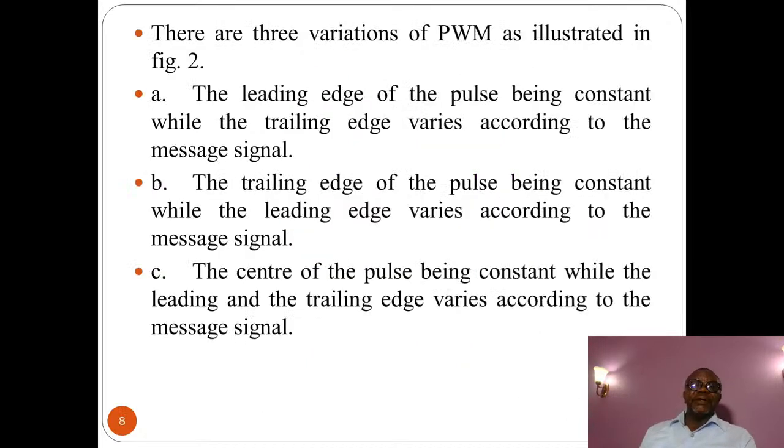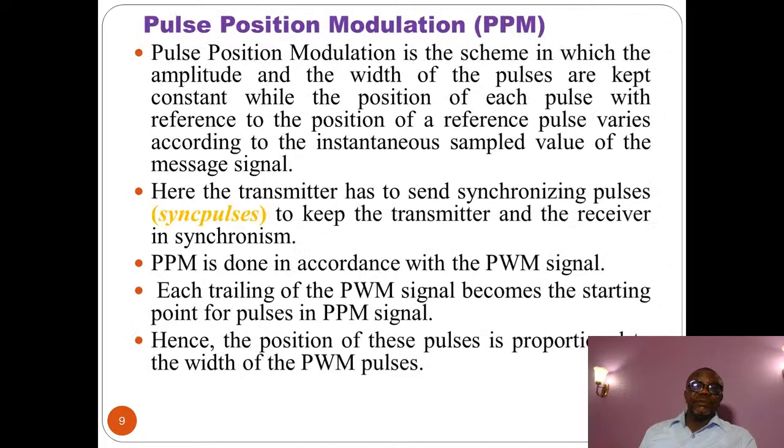Well, pulse amplitude modulation or the analog pulse modulation is no longer very much in use, even though we will continue to push and say where they are normally used.